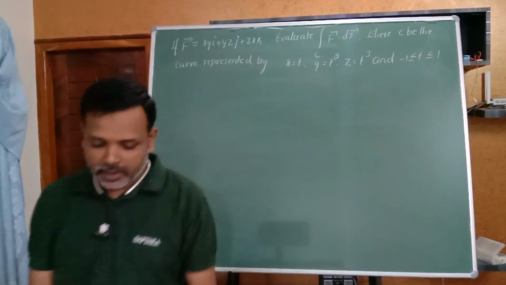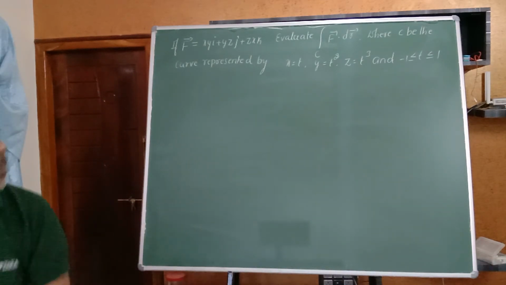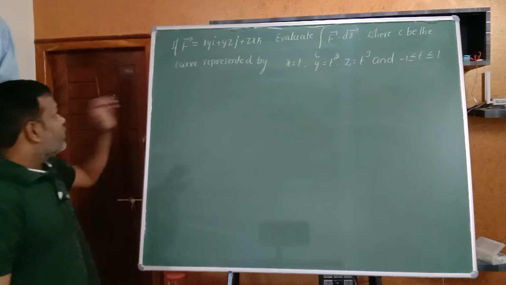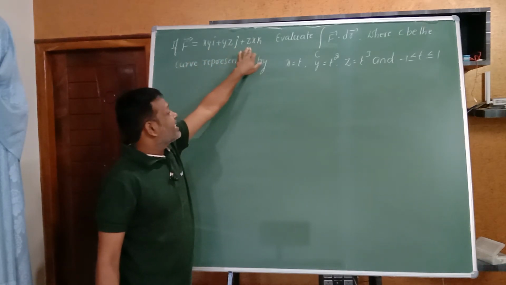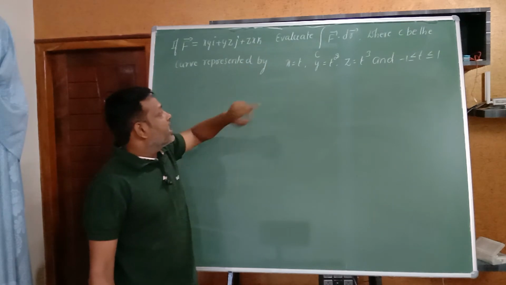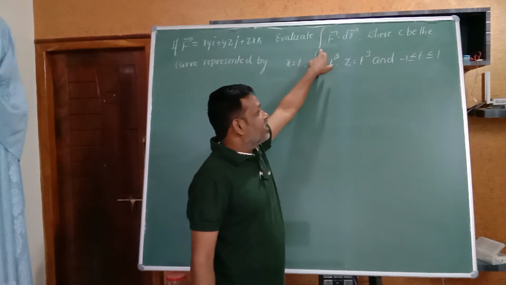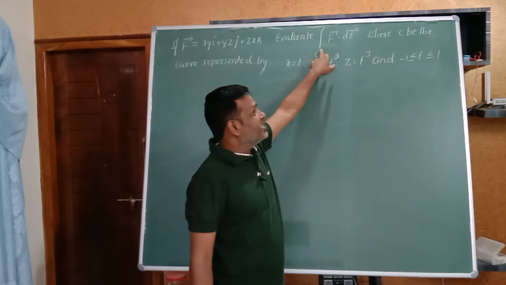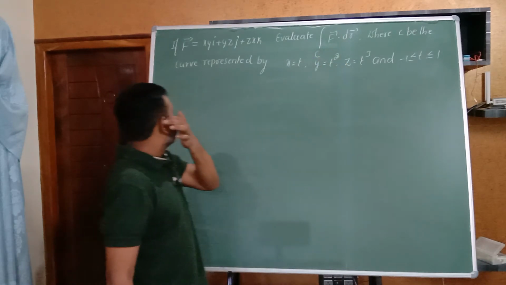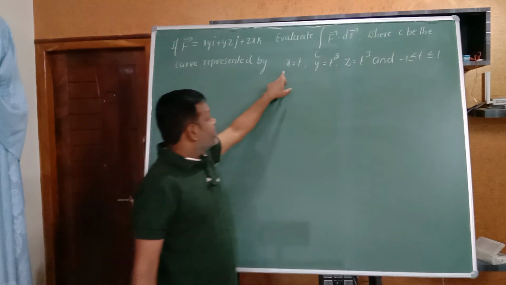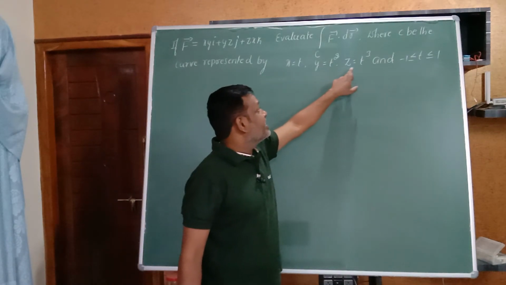This is the problem. So dear children, understand this problem. F vector is given as xy into i plus yz into j plus zx into k. Evaluate the line integral. Here we have only one integral symbol, therefore it is a line integral F dot dr, where C is the curve represented by x is equal to t, y is equal to t square, z is equal to t cube.